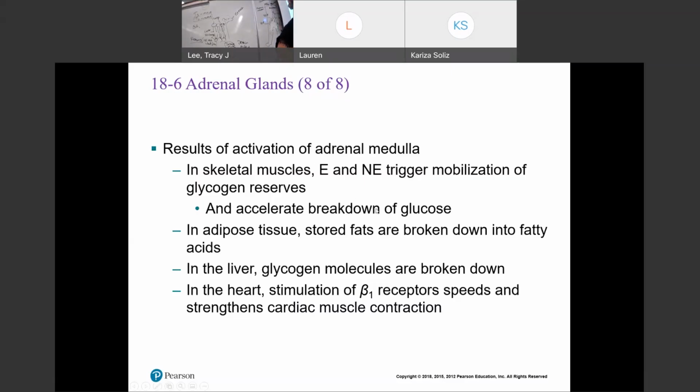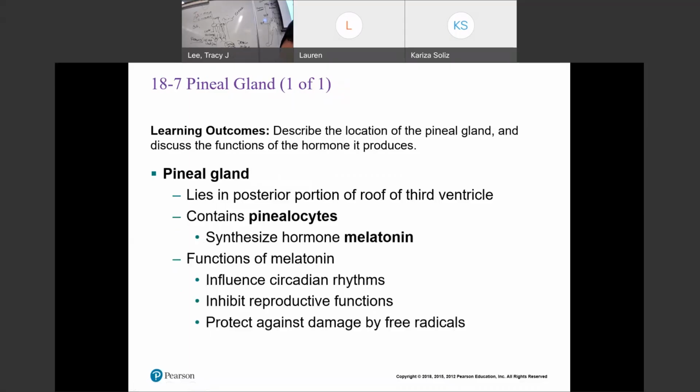So this is what we see: it accelerates breakdown of glucose. In adipose, it can store fat. Again, our body can't differentiate stresses, so if we're not really fight or flighting, we might put more fat on because of epinephrine. Heart stimulation, all of that stuff.